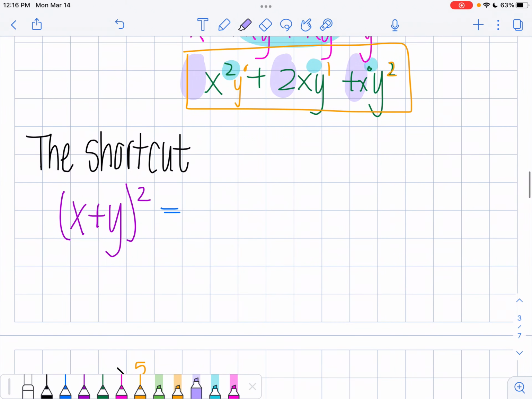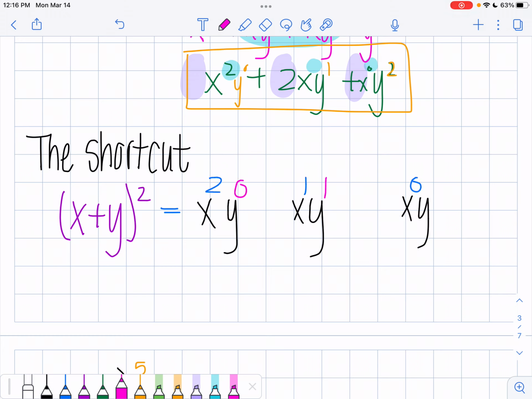Okay, so again, if I use the shortcut, I would go x, y, x, y, x, y, with exponents 2, 1, 0 and 0, 1, 2, and throw in my coefficients, 1, 2, 1, with a plus in front of each one, which simplifies up to here, which is what we just had.